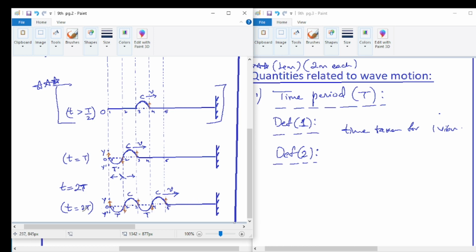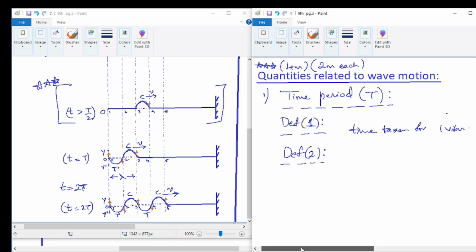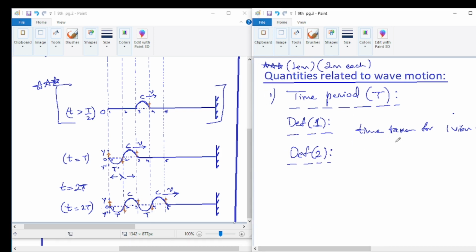That means time t is equal to 3T. Like that, time period is nothing but the time taken by one complete wave to pass through any point, or simply the time taken by one wave to pass through a point is called the time period. So this is the second definition for time period. The first is in terms of plain ordinary vibration, but the second is in terms of wave motion. That's why this is also considered very, very important.